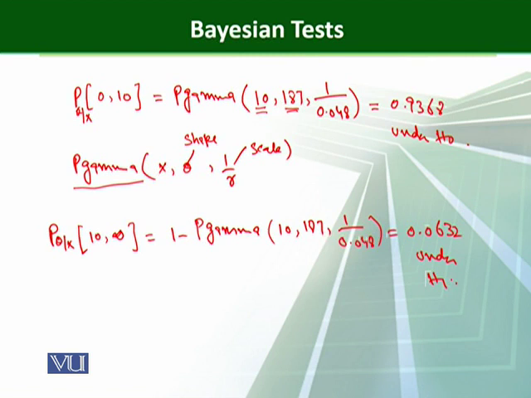Thus, keeping in view these probabilities, you can see that under the null hypothesis we have the highest probability. Thus, by using the rule, we accept H naught because it has the highest probability.